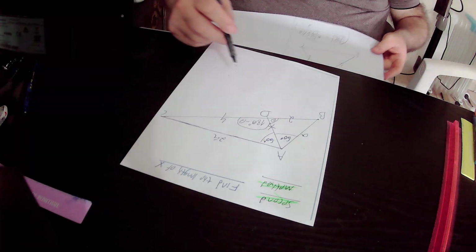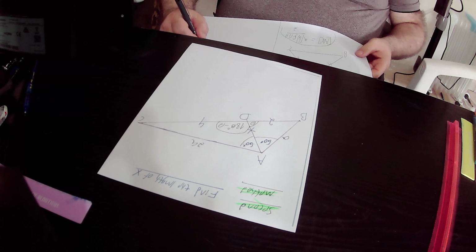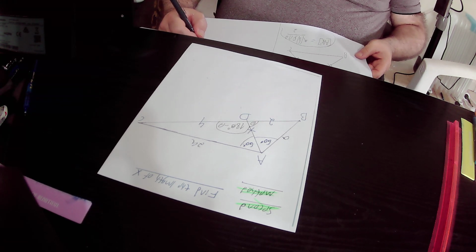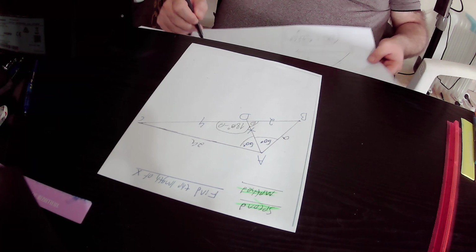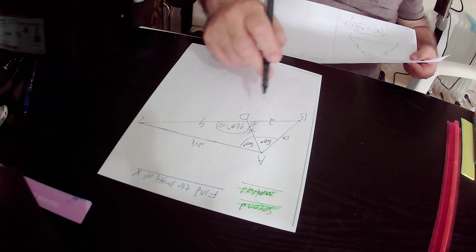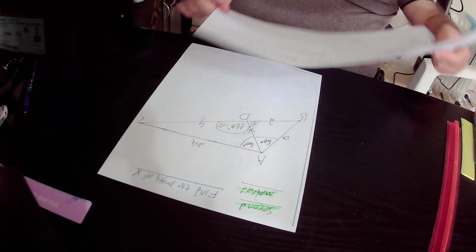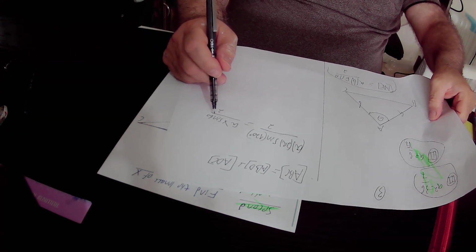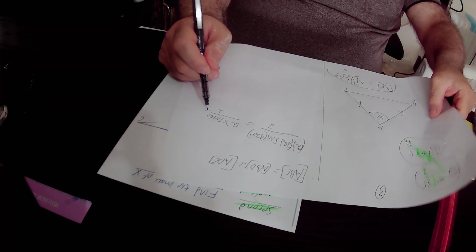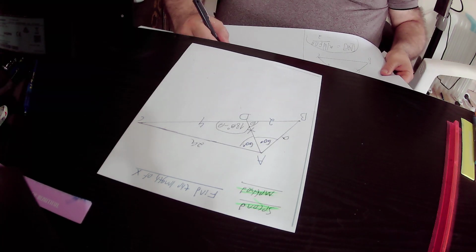Likewise, the area of triangle ABD according to the new formula will be equal to a times x times sine 60 degrees over 2. Here, the area of triangle ABD equals a times x times sine 60 degrees over 2 plus the area of triangle ADC.